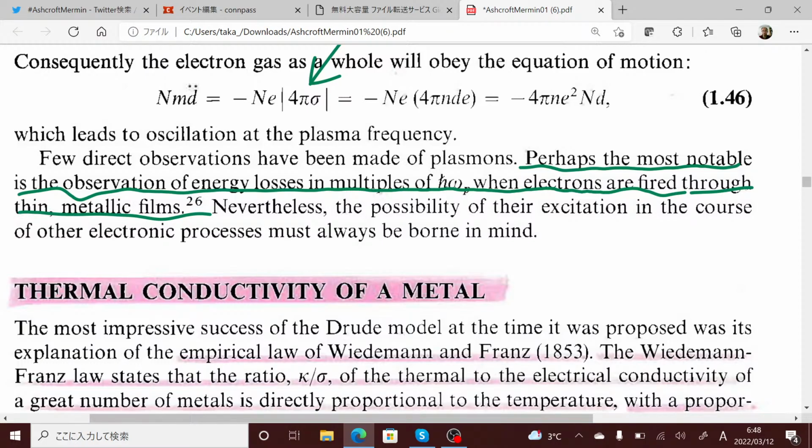Nevertheless, the possibility of their excitation in the course of other electronic processes must always be borne in mind.